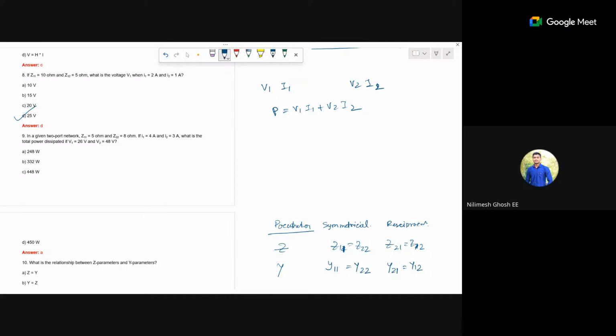This will be our total power. I1, I2, V1, V2 are all given. You just have to multiply. You may have solved all these questions, and I'm just briefing it.